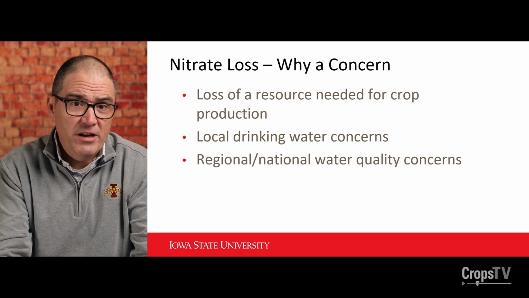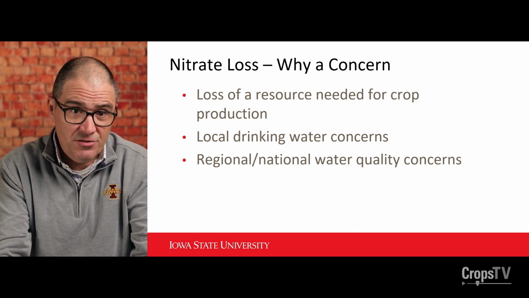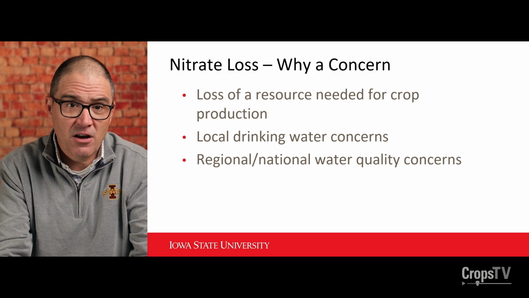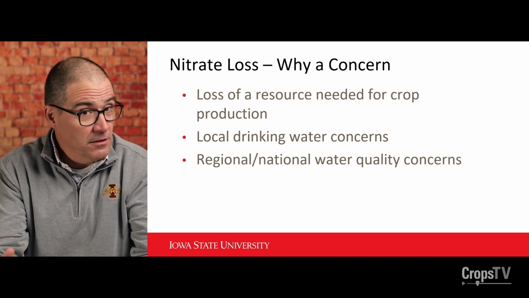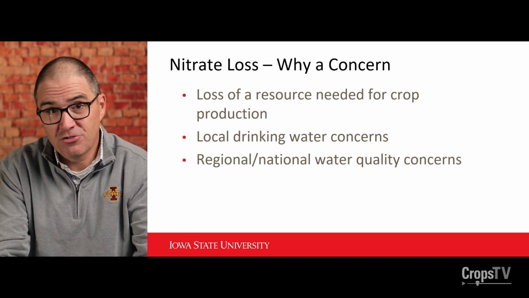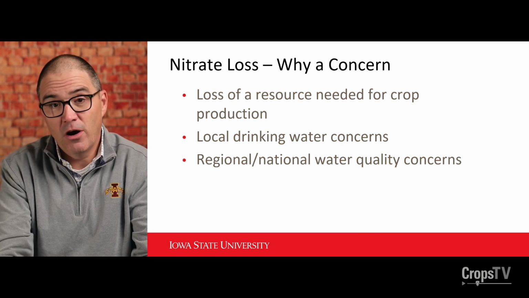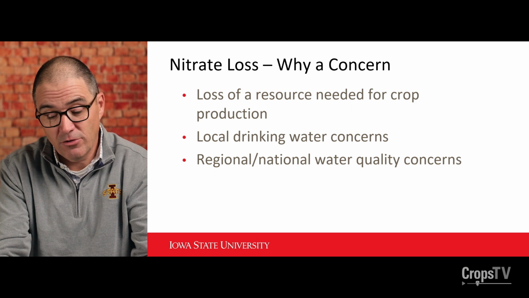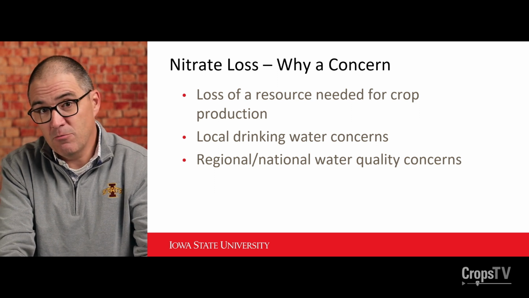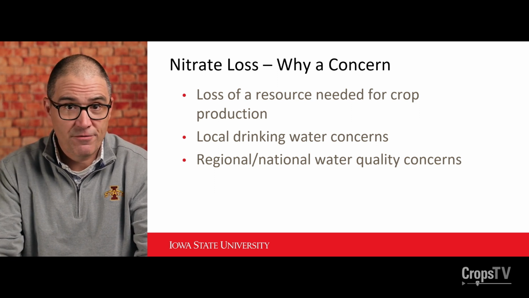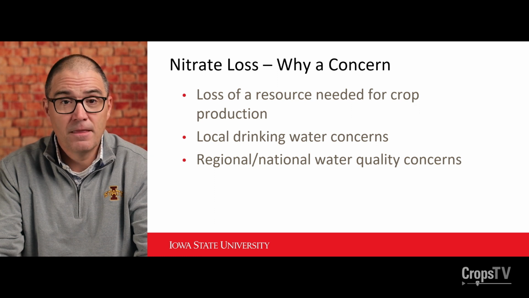Then there are also regional and national water quality concerns, things like hypoxia in the Gulf of Mexico, but also maybe locally algae growth in some of our streams. So nitrate export from our agricultural land to our downstream waters is a concern not only from a producer standpoint, but also a societal standpoint from a water quality perspective.